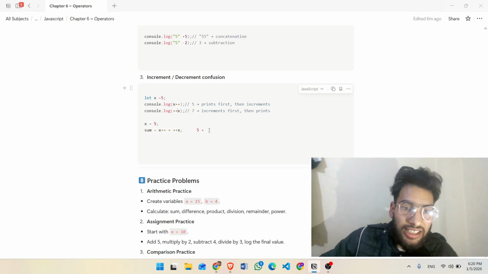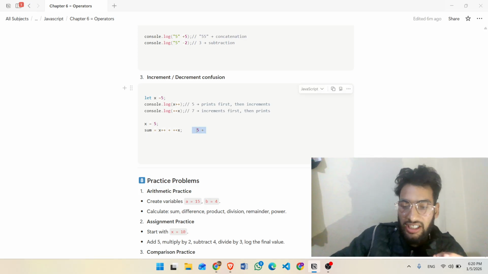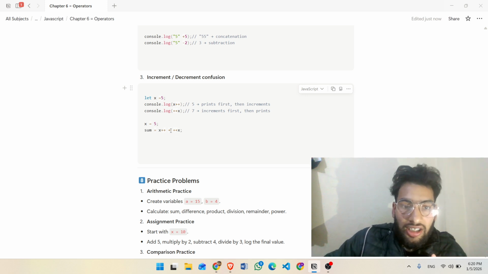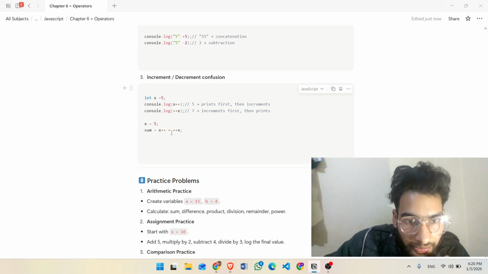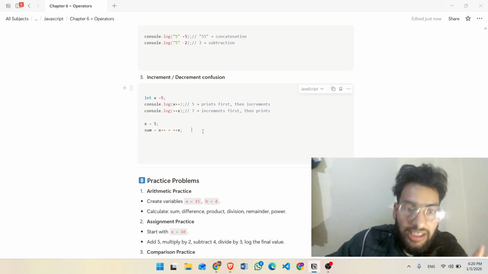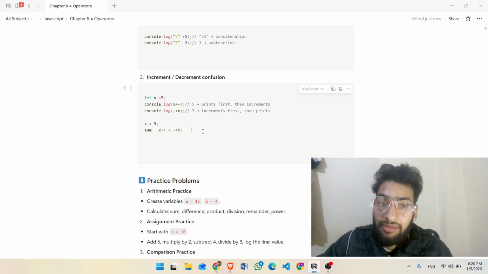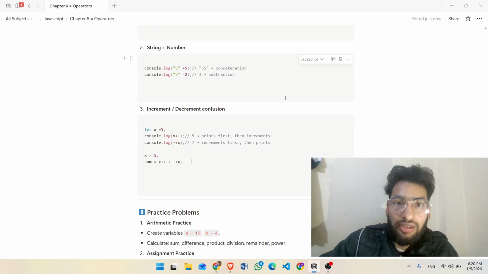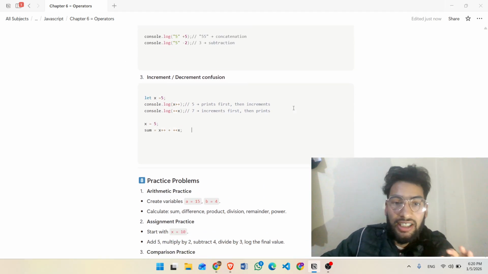The same case is repeated on decrement also. If we write x minus minus plus minus minus x, it follows the same rule. There is no different rule in increment and decrement.